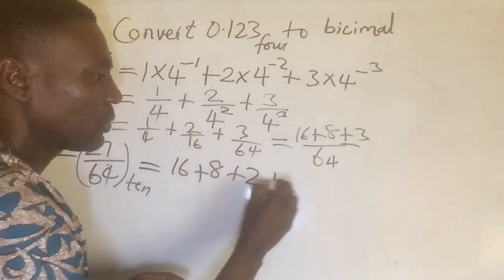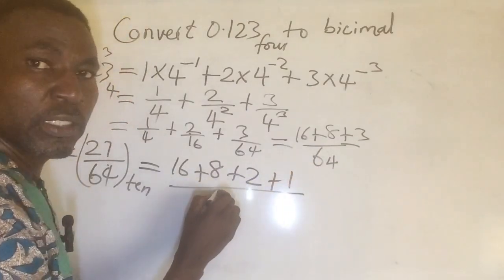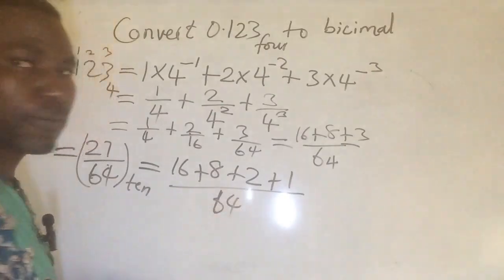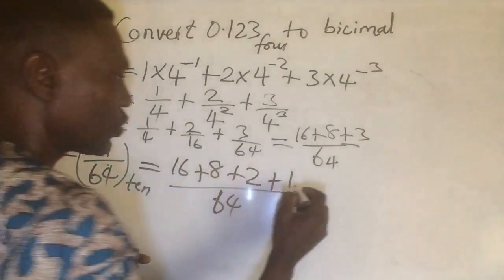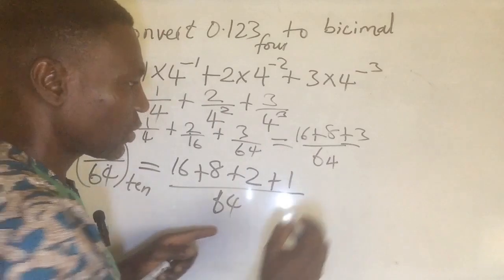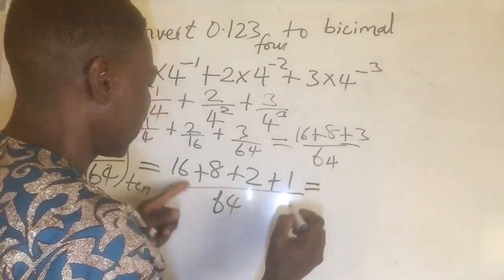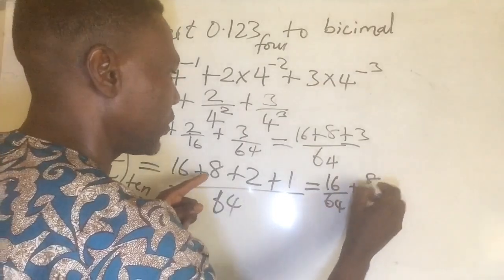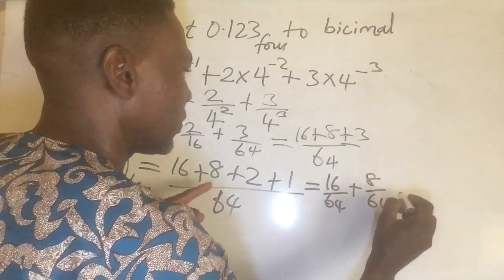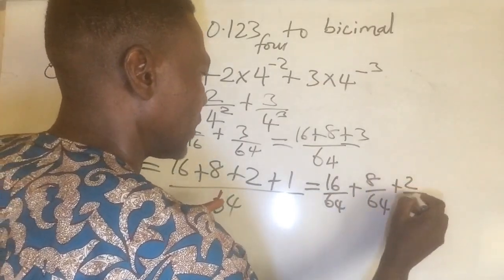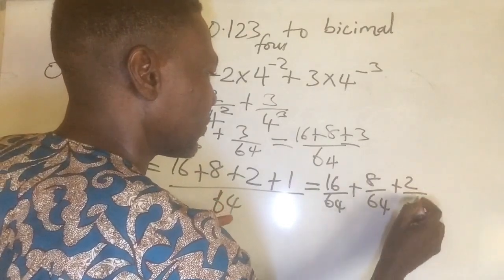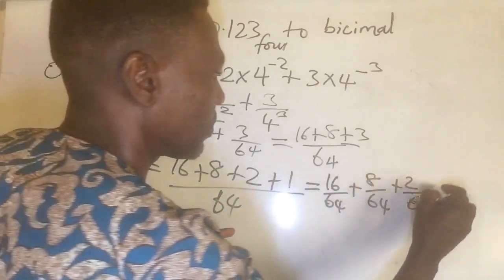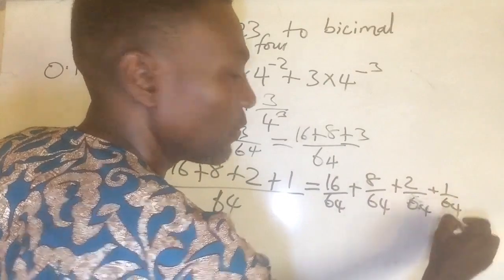So we continue: 16 over 64 plus 8 over 64 plus 2 over 64 plus 1 over 64.